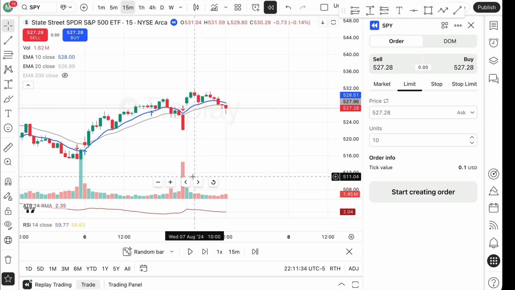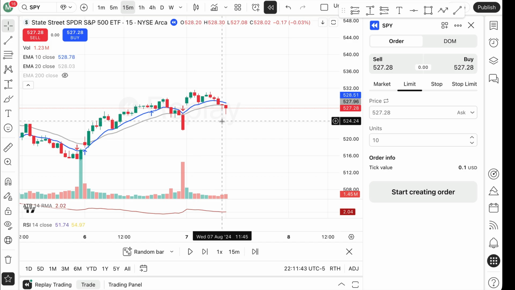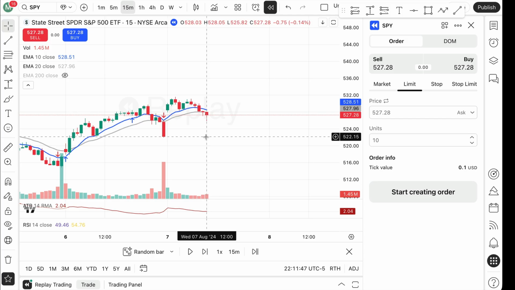It might move $1 per candle. Like I said, you got to kind of pick a couple stocks or ETFs and get to know their personality and how they move, how they behave.